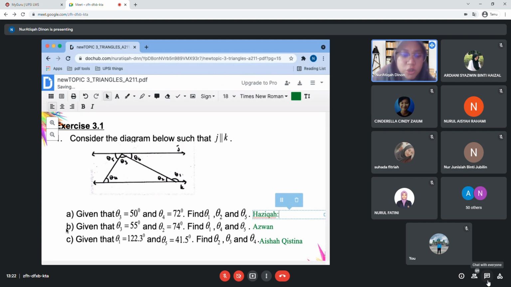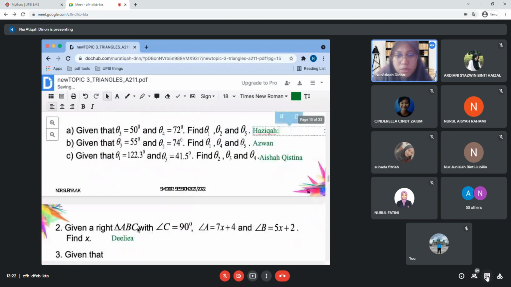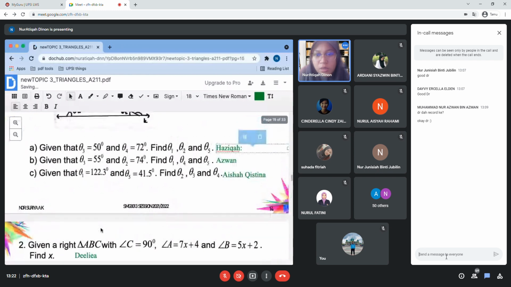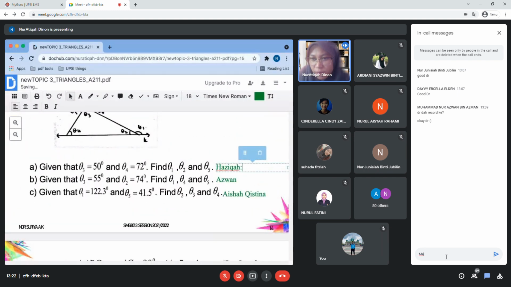Kalau contohnya you tak buat, you boleh bagi tahu je. I boleh minta orang lain share answer. Okay, mungkin Hazika tak ada. Dia minta sekejap sebab saya tanya. Okay. Boleh tak? Saya just choose yang the first one.